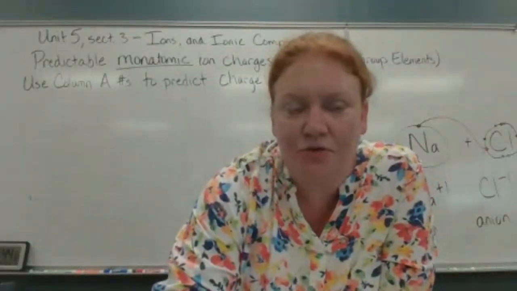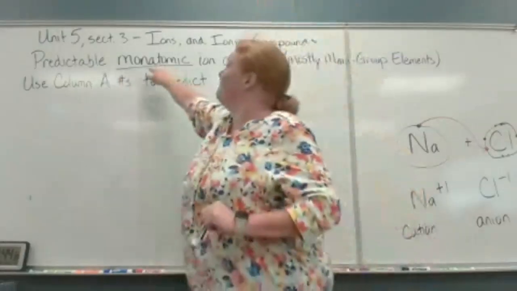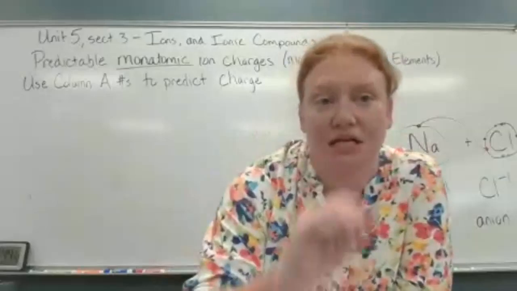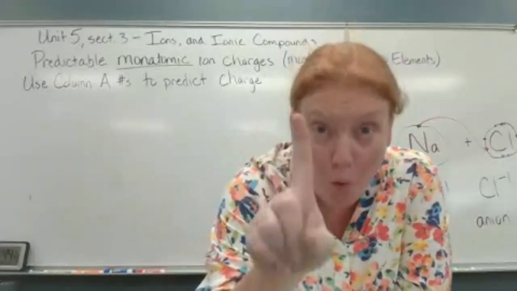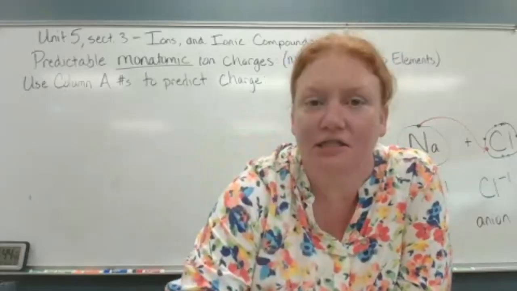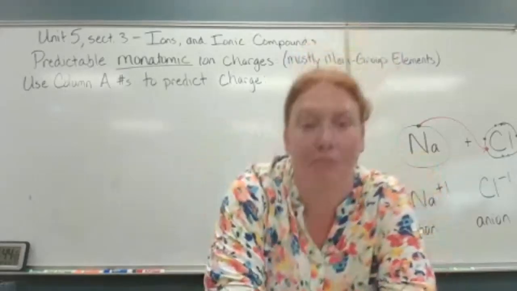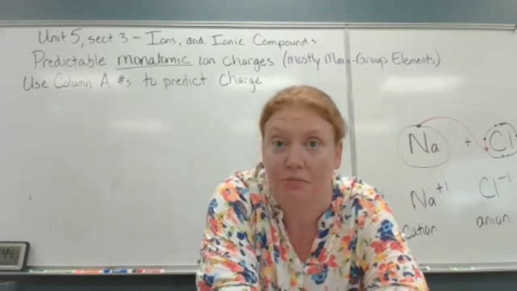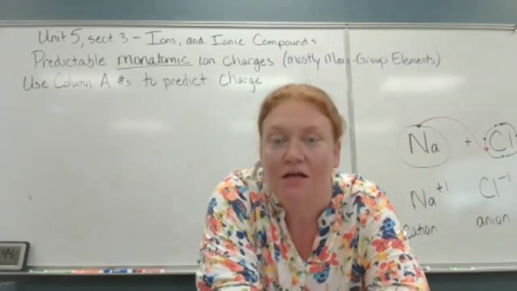And this is also for what we refer to as monatomic ions. Monatomic meaning these ions are just one atom of an element that is charged. Let's recall that metals will form cations. Metals will become positively charged.